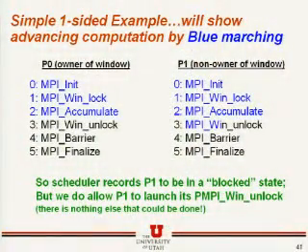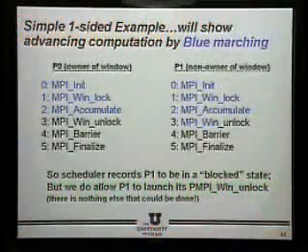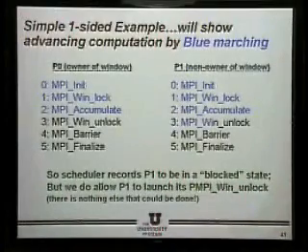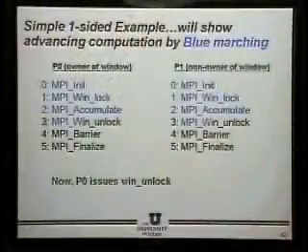Go ahead, issue. P1 is in a blocked state conceptually because P1 cannot proceed. The window is locked, but go ahead and launch the PMPI win lock, so it goes into the MPI system. There's nothing else that you could do. Fine. Then this win unlock comes. P0 issues. Now the window is about to be freed and all that.